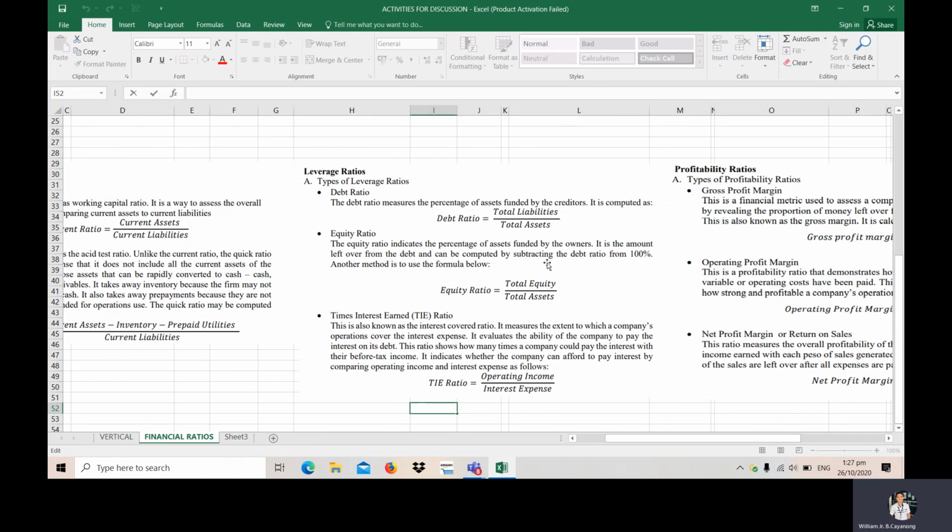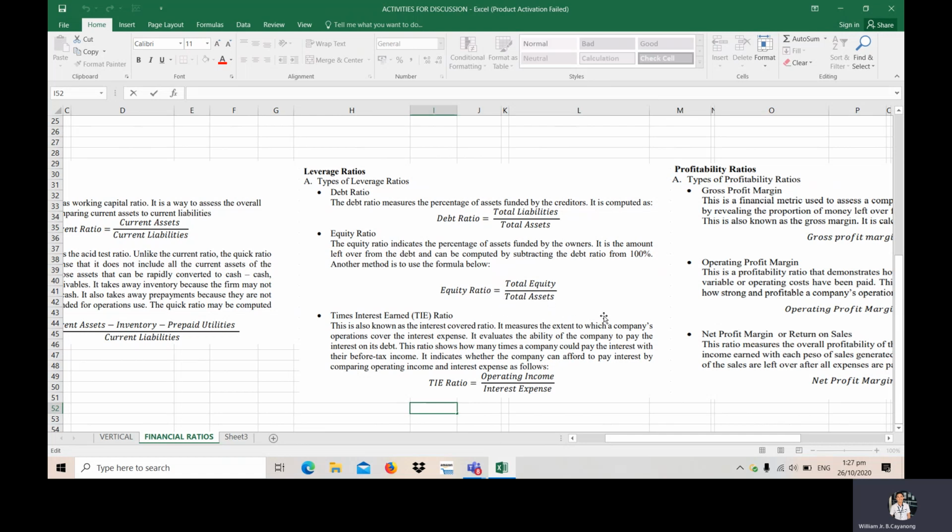It is the amount left over from the debt and can be computed by subtracting the debt ratio from 100%. Another method, if you are confused by this formula, we can also use this: equity ratio is equal to total equity over total assets.